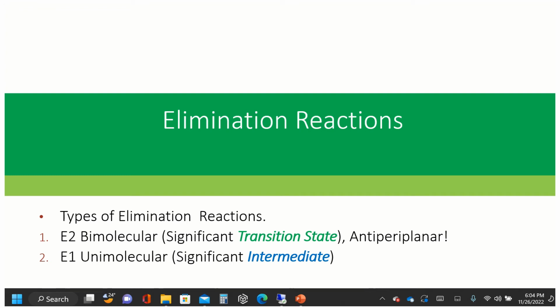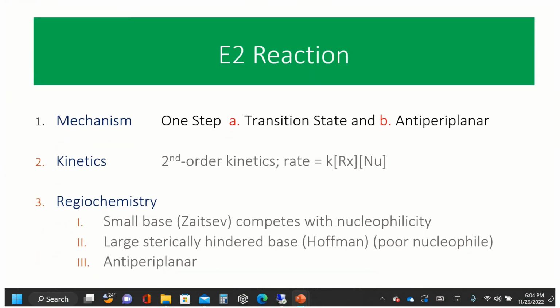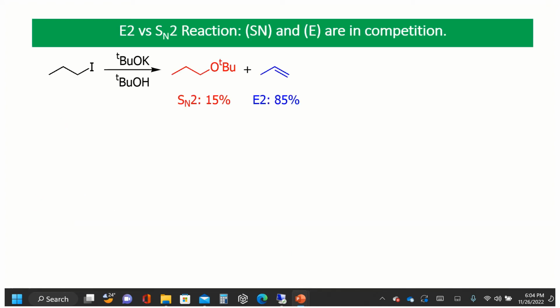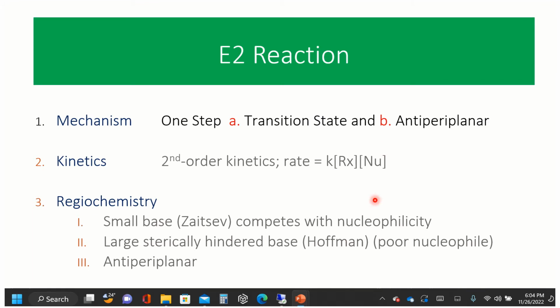The mechanism for the E2, as I stated, is a one-step reaction going through this transition state, but it also occurs with a periplanar geometry. And the kinetics is second order, i.e. depending on both the substrate and the nucleophile.